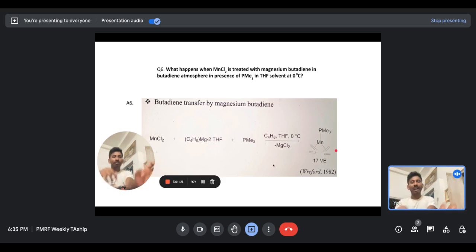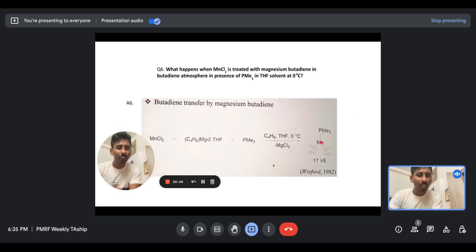Here you have to note the fact that it's a Mn0 system, and these olefinic moieties are not very good pi acceptors. So the entire pi acceptor property depends upon this phosphine, that is PMe3. Instead of PMe3, we can also take up several other phosphines that are capable of stabilizing the low oxidation state, that is, the high electron density on the manganese center.